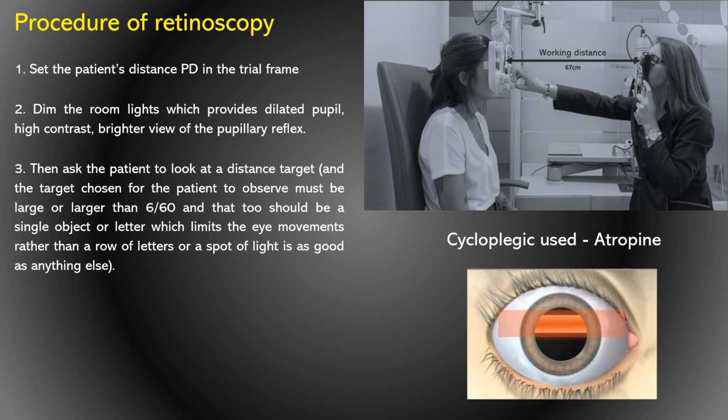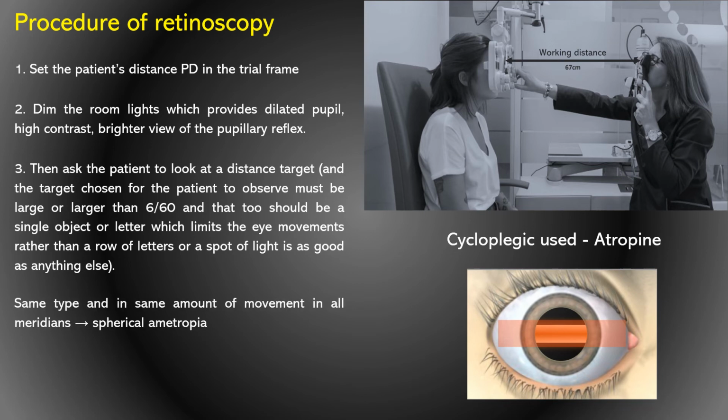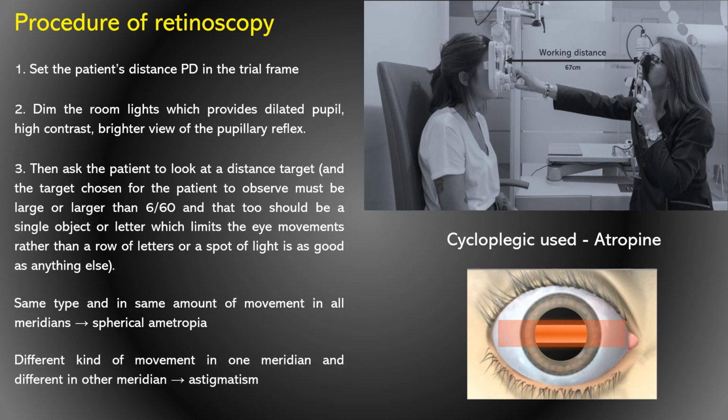Apart from the characteristics of the reflex, if you find the same type and the same amount of movement in all meridians, vertically, horizontally and obliquely, this indicates that the eye under observation has spherical ametropia. That can be myopia or hypermetropia depending on the movement of the reflex. If you find a different kind of movement in one meridian and a different one in another meridian, this indicates the eye under observation has astigmatism.